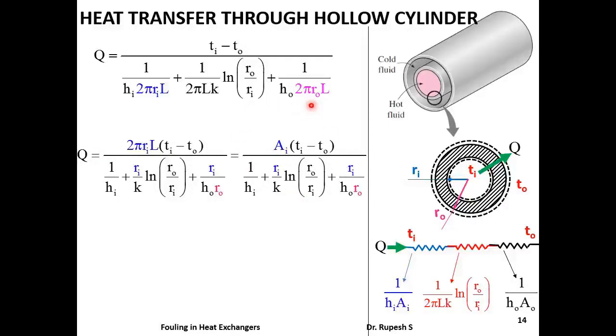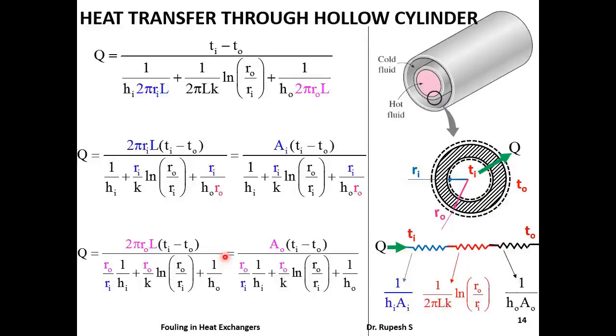Similarly, if you take 2 pi Ro L to the numerator, we can express Q by using this particular expression. Here also, if we replace 2 pi Ro L by Ao, then we can represent Q using this particular expression. So we can express Q in terms of Ai using this expression and Q in terms of Ao by using this expression.